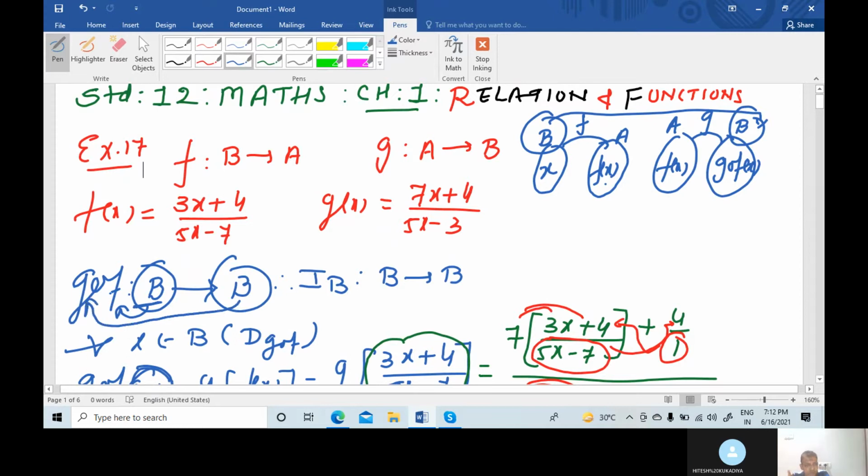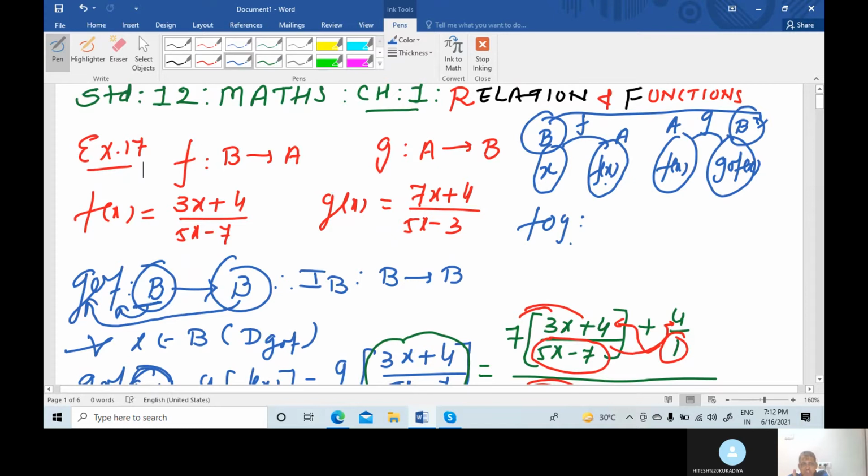When we find GOF, the first function is g, the second function is f. We take the second function's domain and the first function's codomain. Otherwise you can draw the figure as rough work. Okay, now FOG. We discuss the FOG here.